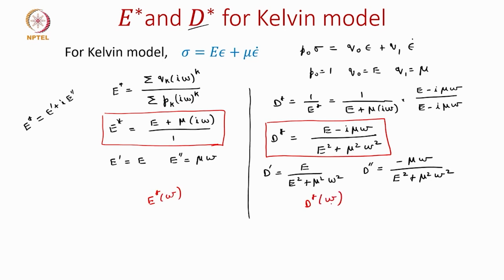So, once we go to the next slide, that is what we will see how these values change with frequency. So, once we talk about E star, without saying it goes both for the storage and loss modulus also, these are all functions of the frequency. Similarly, the storage and loss compliance are also functions of frequency.